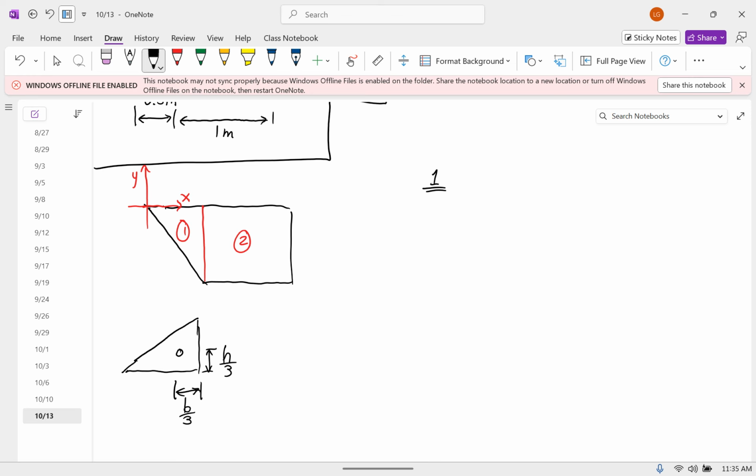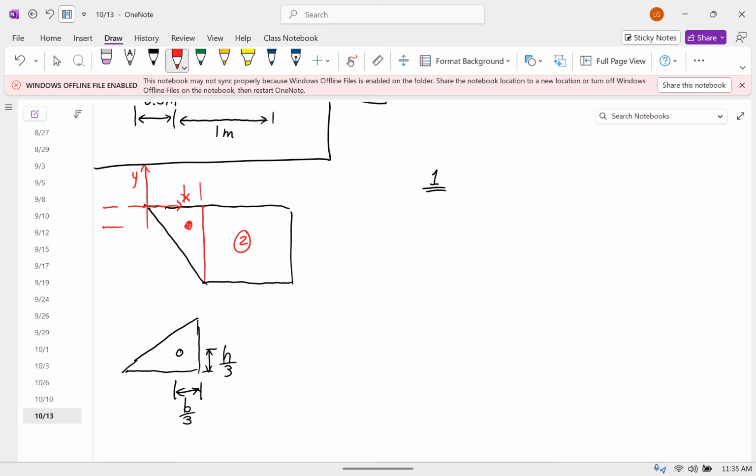Okay, but that means the centroid of this shape is like here. So this formula tells us the distance from here to here and from here to here.